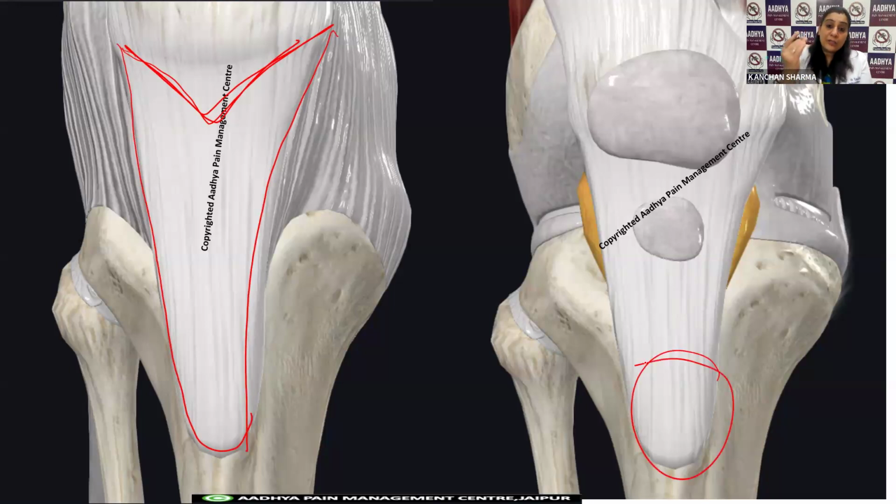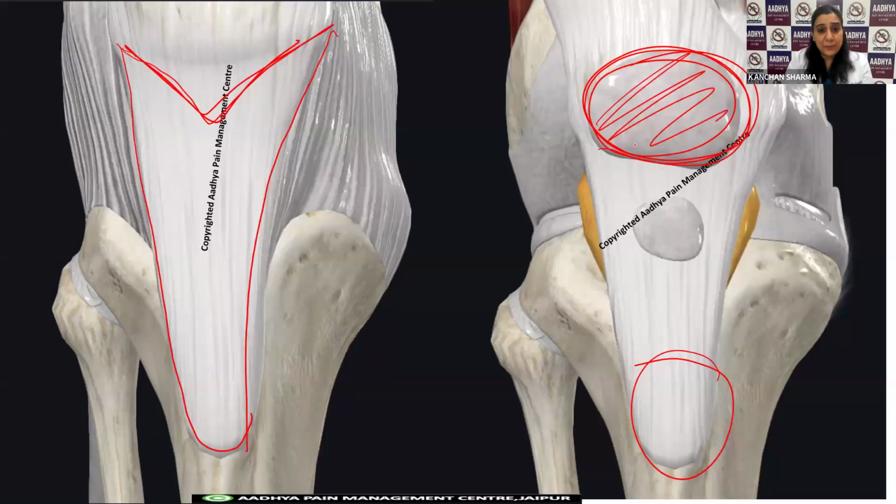Now, on the top of this, in the subcutaneous plane, we have 2 bursas. One is the prepatellar bursa. This is in the subcutaneous plane, exactly over the patella bone, between your skin and the superficial fibers of the rectus femoris.